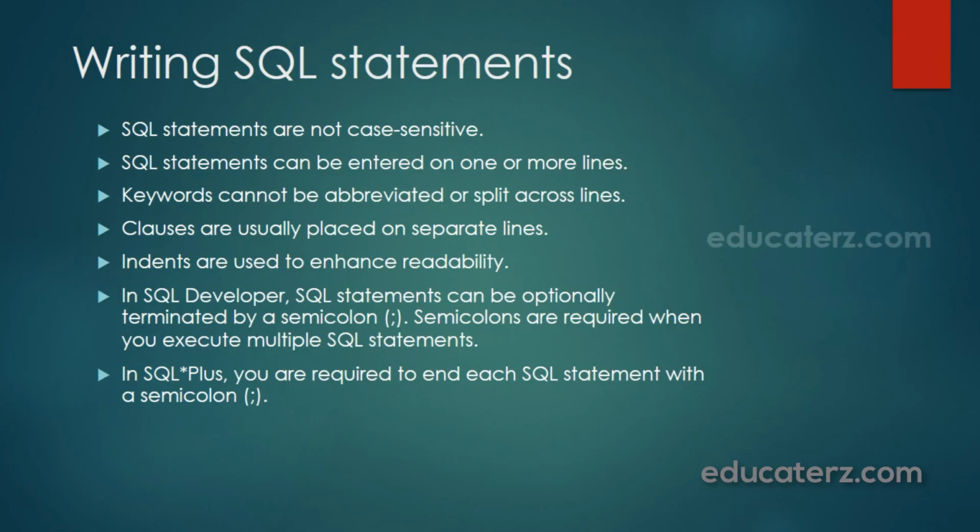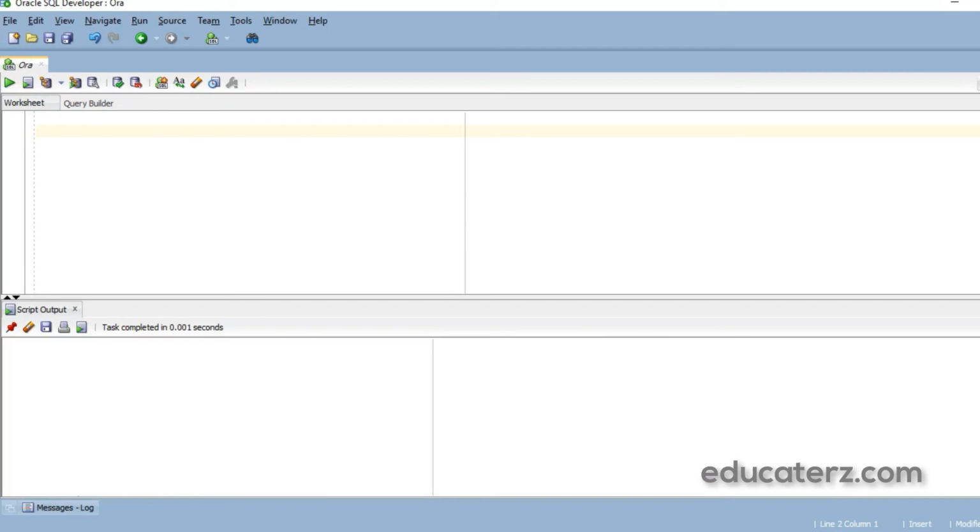Keywords cannot be abbreviated or split across lines. As an example, select is a keyword and I cannot abbreviate it. Here I abbreviated select as SELE and the from clause as FRO, for the query select star from departments table.